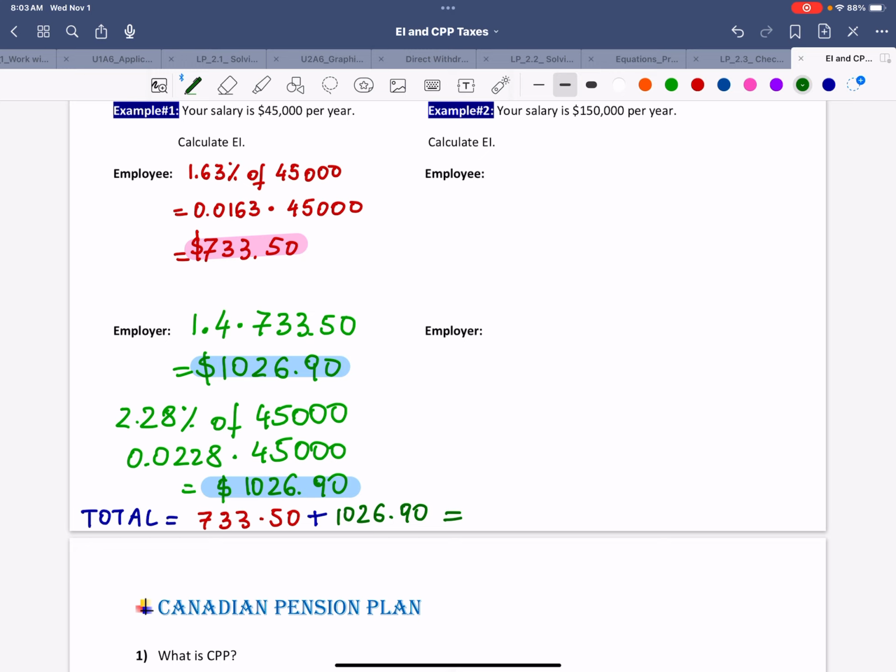So in total, the government will be receiving $1,760.40 for a salary of 45,000.